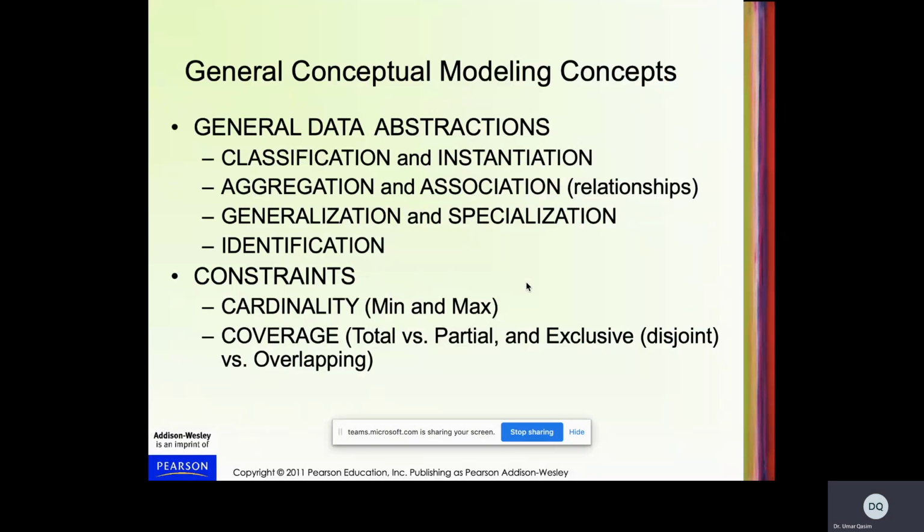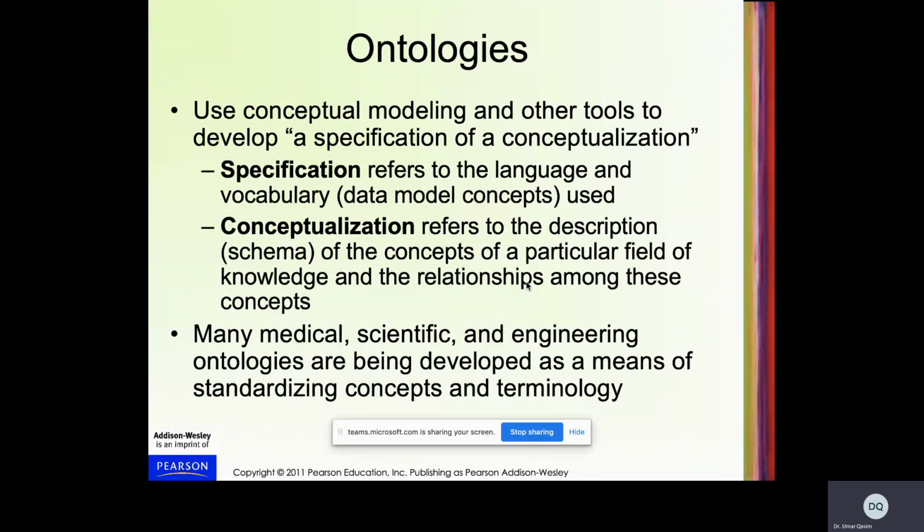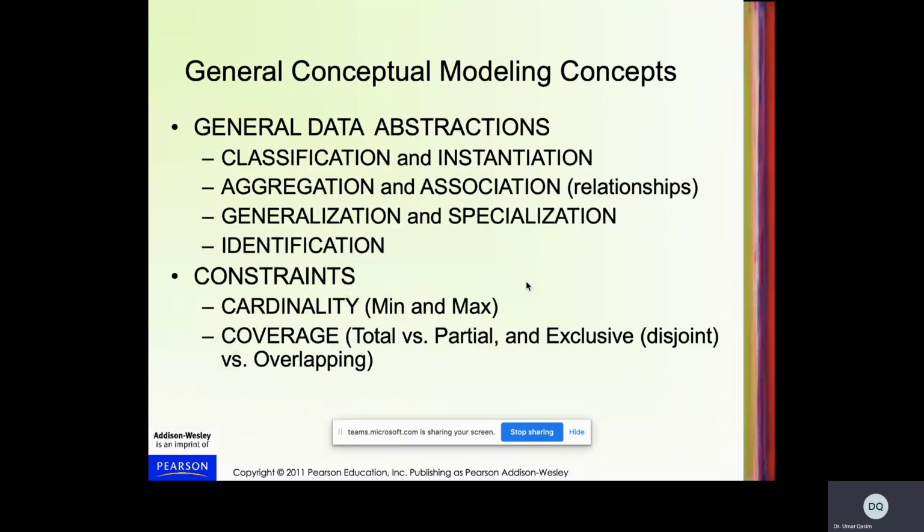So just to give you a brief overview of this, in the general conceptual modeling concepts, we have classification and instantiation, aggregation and association, generalization and specialization, and identification.